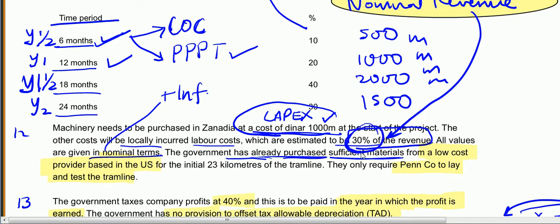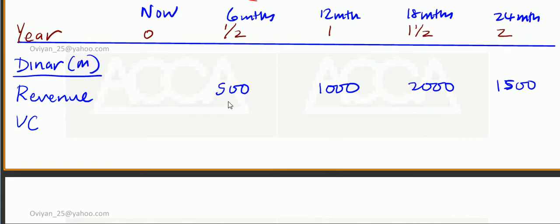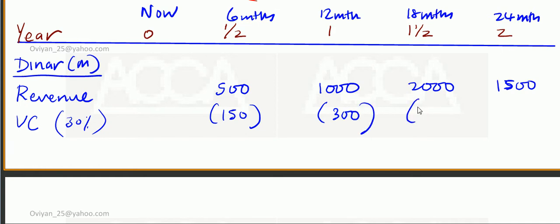If it's 30% of the revenue, you just multiply the revenue by 30%. It's going to be simply 150, and they tell us this includes inflation. These are all nominal cash flows. So it's 300, 30% on 2,000 is going to be 600, and 30% on 1,500 is simply going to be 450.